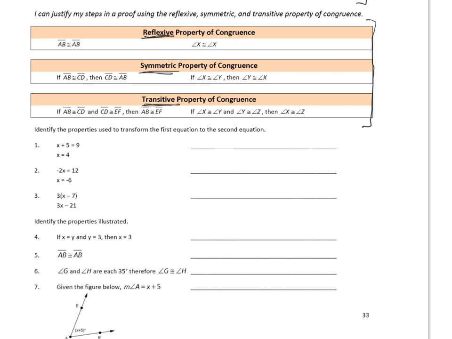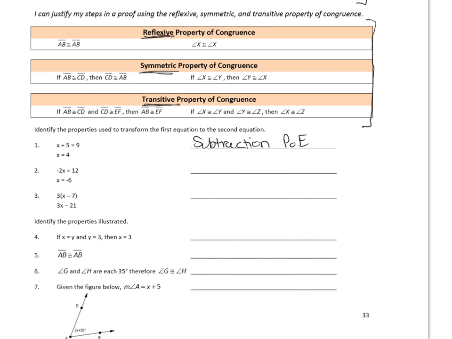Now let's go through and take a look at different properties of equality and what's going on in each one. So from the first step to the second step in this first example, to get from x plus 5 equals 9 to x equals 4, I had to use the subtraction property of equality. And it's property of equality because there's an equal sign.